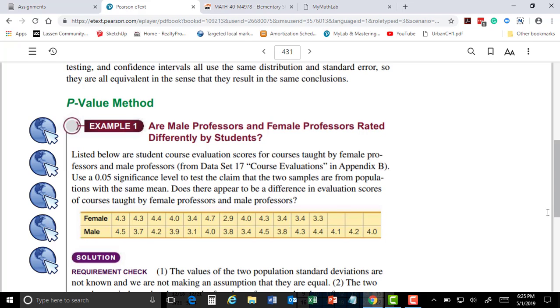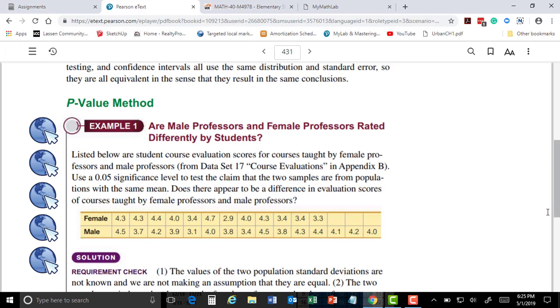Now, you can also test using a p-value instead of using a confidence interval, correct? All right. So now we have: are male professors and female professors rated differently by students? That's interesting. I wonder how I'm rated by students, by women versus men.